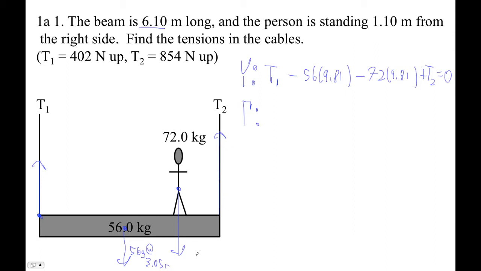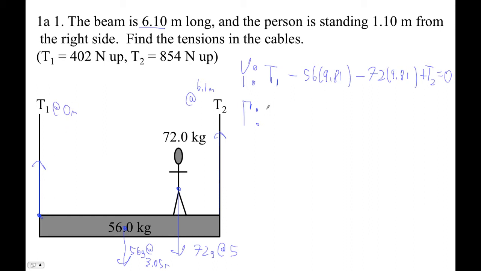Then we've got 72 times g, and that's 1.1 from the right side, so 5 from the left side. And then there's T2 at 6.1 meters. And T1 is at 0 meters because we picked this spot to torque about.